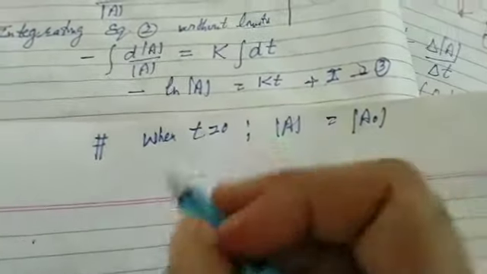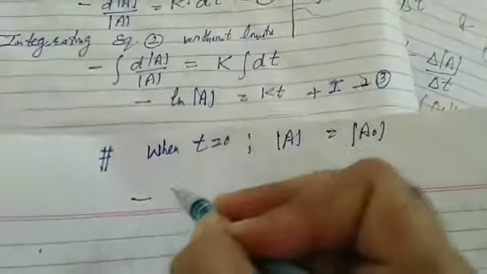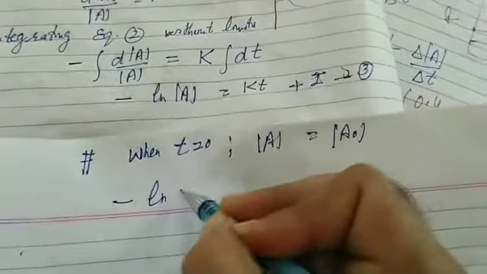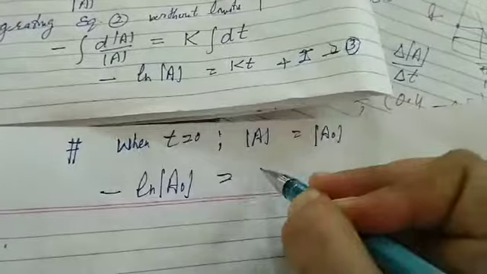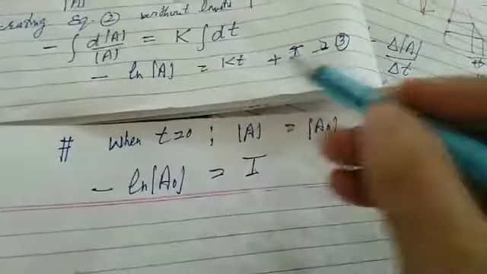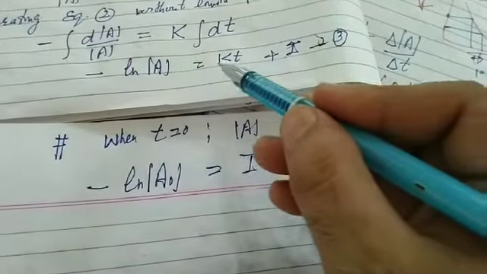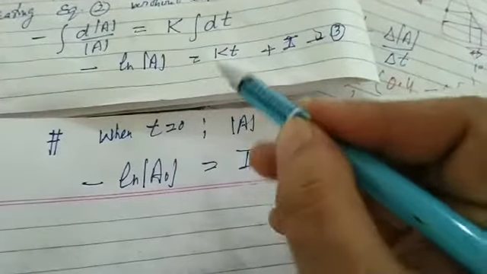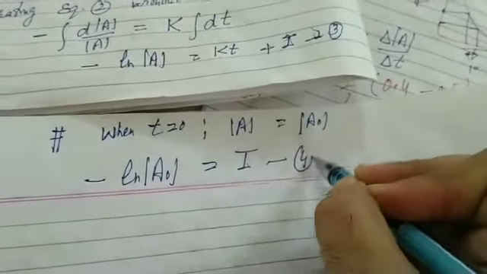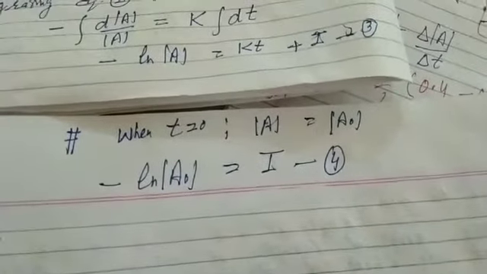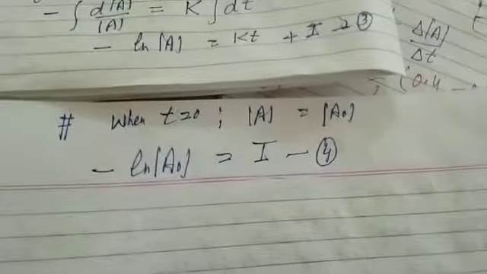Now equation 3 becomes minus log A naught is equal to I, because k into 0 becomes 0. We applied the condition t is 0, and we got the value of I, that is the integration constant.